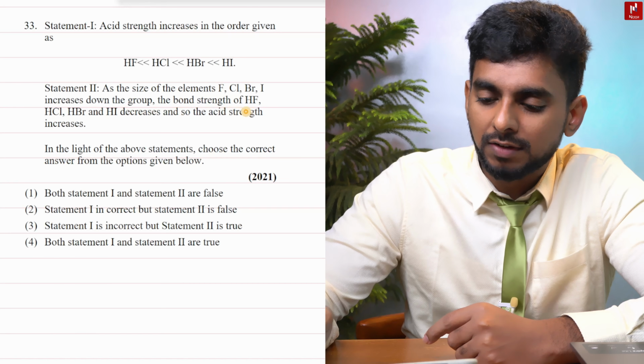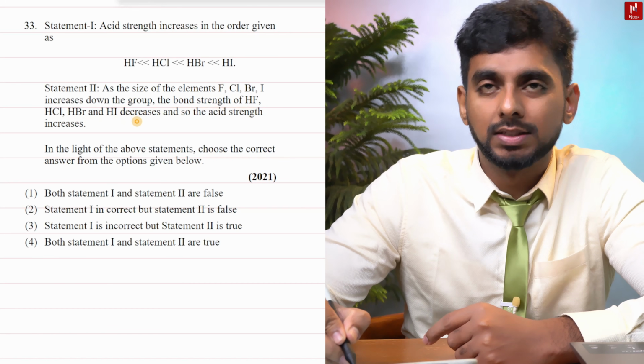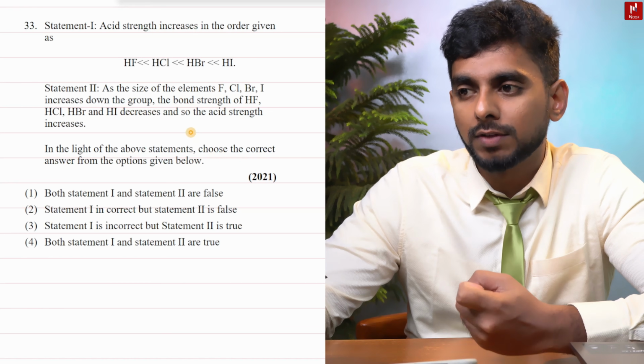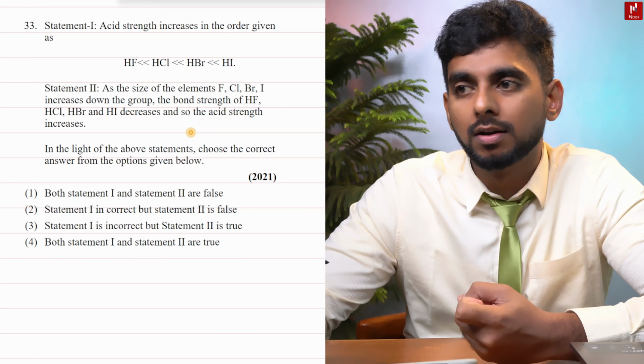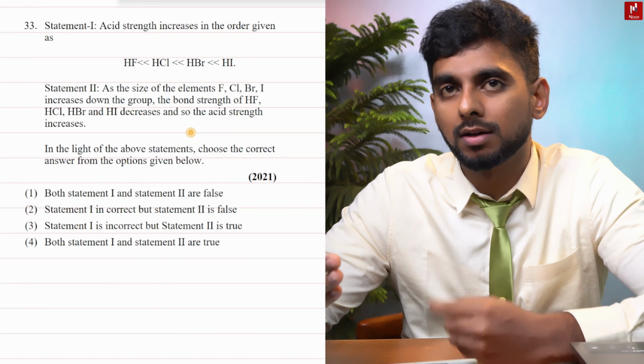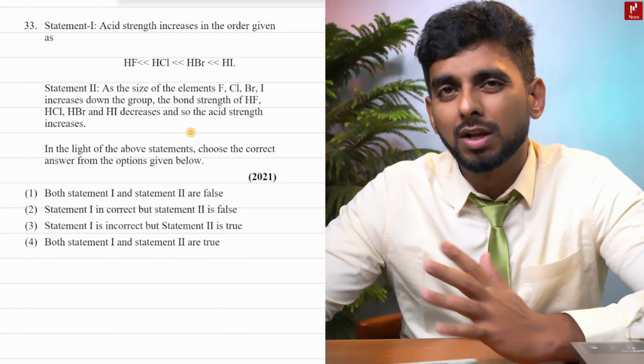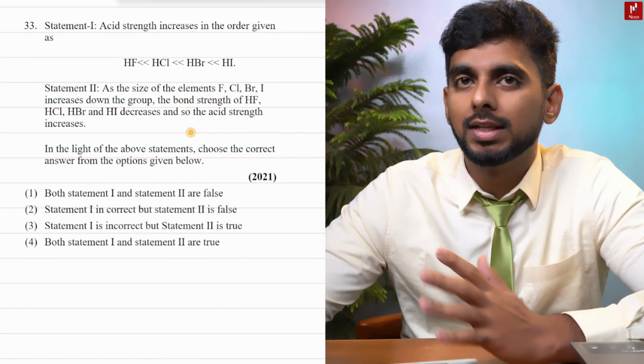The bond strength of HF, HCl, HBr, HI decreases because as you move down, the distance between the nucleus of the hydrogen and the iodine is going to be greater. So when it is greater, it is easy for me to break. So the more the bond length, the less the bond strength. Fine. We will learn bond length and bond strength more clearly in the next chapter.